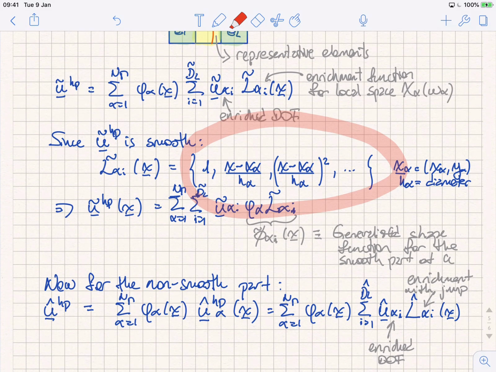So keep in mind that what we did in advanced FEM in the first course was study how to reduce the approximation error, and we looked at two different things. Basically reducing the size of our finite elements, which is the H version of the finite element method, or increasing the polynomial interpolation. When you combine these two, this is called the HP extension.